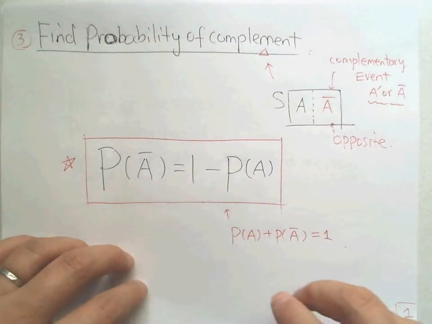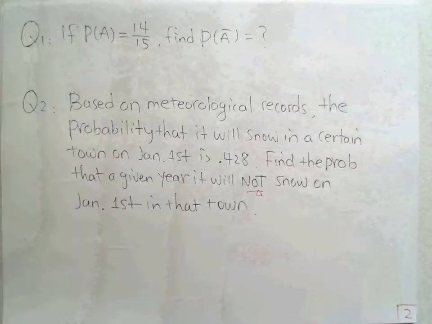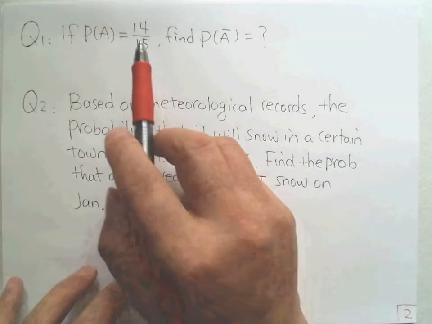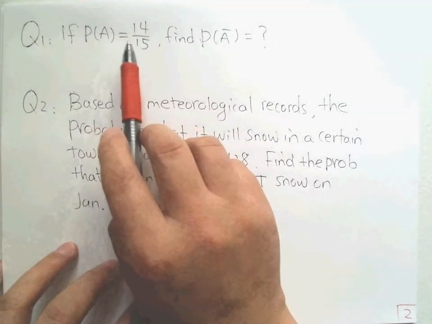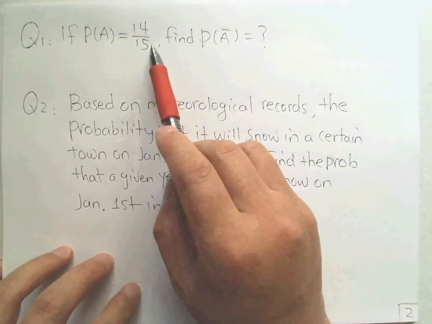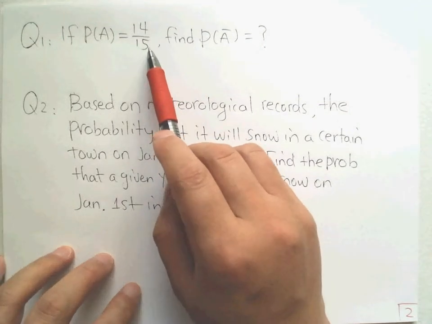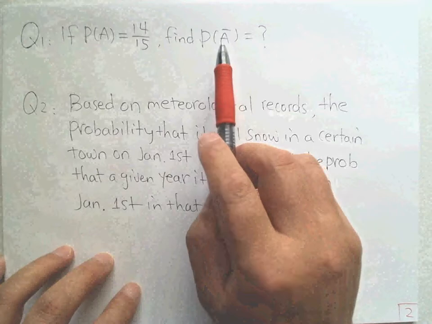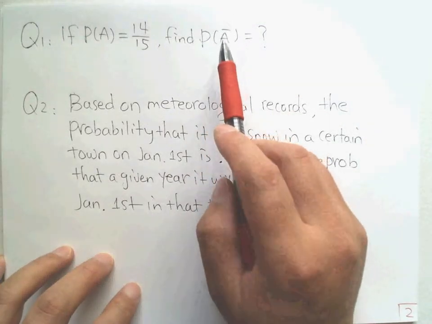I'll give you two examples. Look at the first example. If A has a probability of 14 out of 15, so this is a probability between 0 and 1, what is the complementary probability? What is the probability for the complementary event? We have a formula.